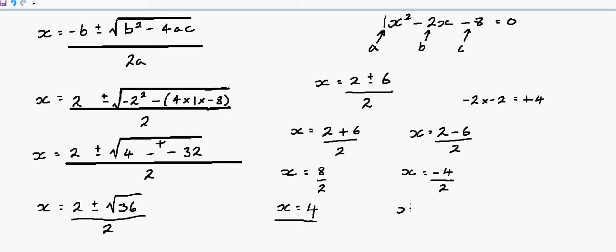So x equals, we've got minus 4, so it's going to be a minus number. 4 over 2, well 2 goes into 4 twice, so we get x equals minus 2. So our two solutions, x equals plus 4 and x equals minus 2.